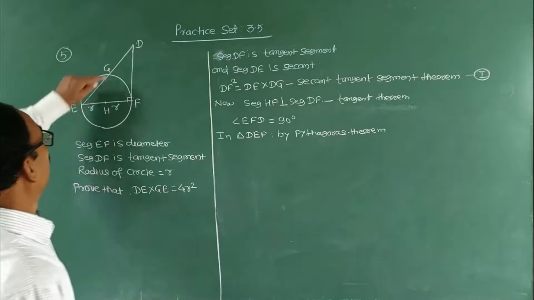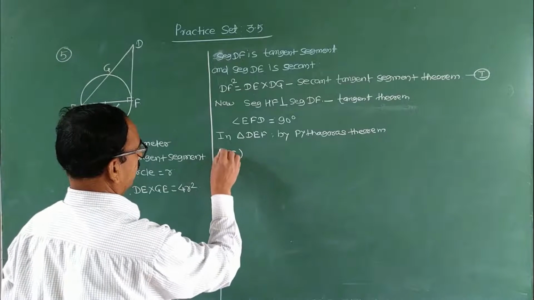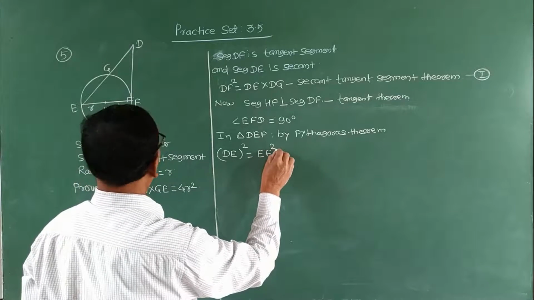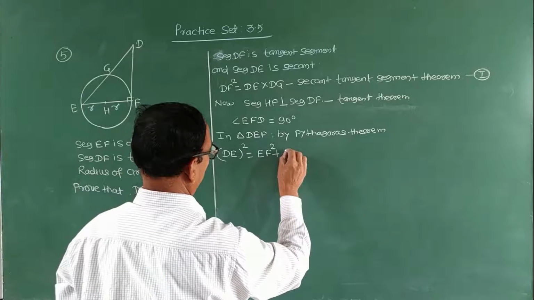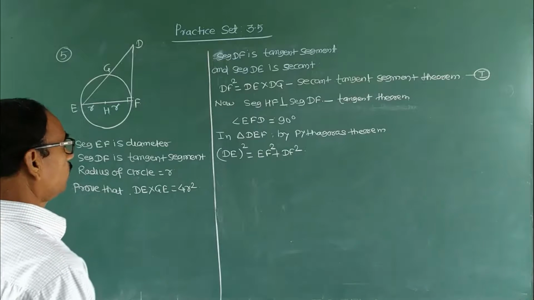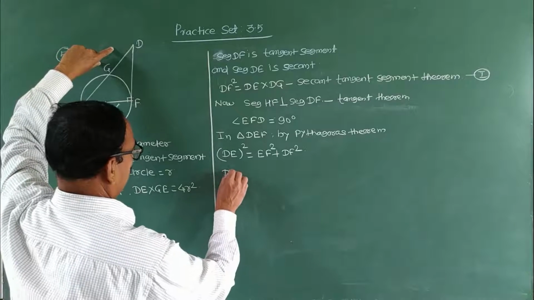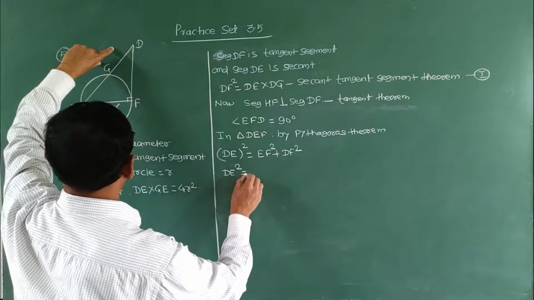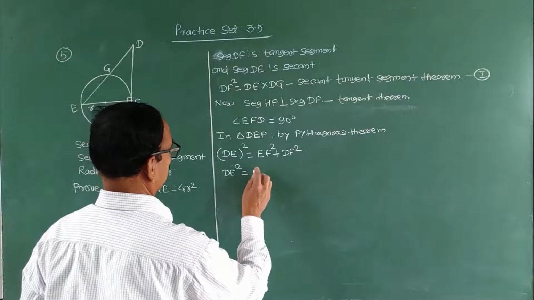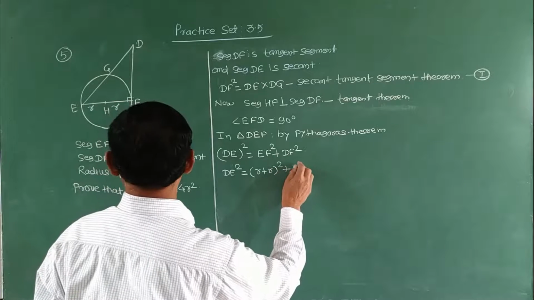Here we can write square of the hypotenuse, that is DE square, will be equal to EF square plus DF square. Now DE square equal to EF square, EF is R plus R, so this is (R plus R) square plus DF square.